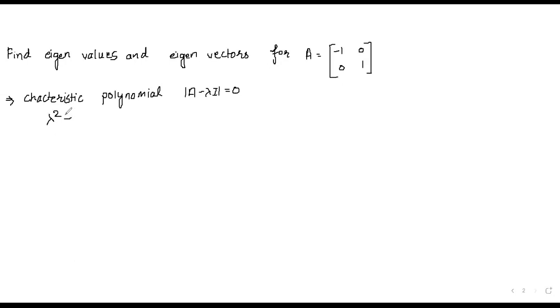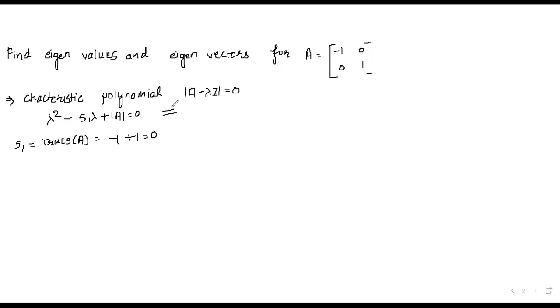Lambda square minus S1 into lambda plus determinant of A equal to 0. What is S1? S1 is the trace of A, and it is minus 1 plus 1, which is 0.